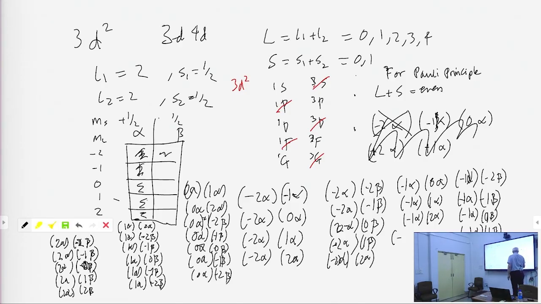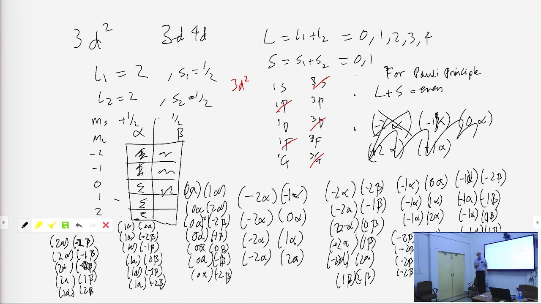So we have minus 2 beta, minus 1 beta, minus 2 beta, 0 beta, minus 2 beta, 1 beta, minus 2 beta, 2 beta, then minus 1 beta, 0 beta, minus 1 beta, 1 beta, minus 1 beta, 2 beta, 0 beta, 1 beta, 0 beta, 2 beta, and one last one, the last 2 boxes left, 1 beta, 2 beta. Okay? So those are all our possibilities.